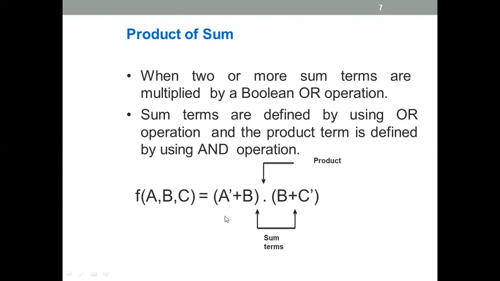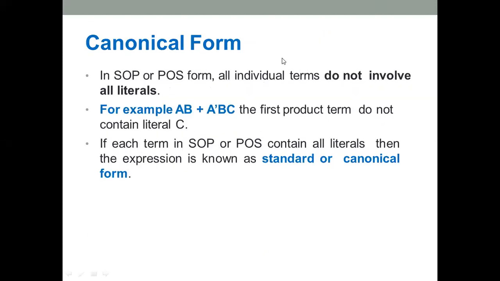If even one literal or one letter is missing, we cannot consider it canonical. If each term in SOP or POS contains all the literals, then that expression is considered a standard or canonical form. Clear, everyone?